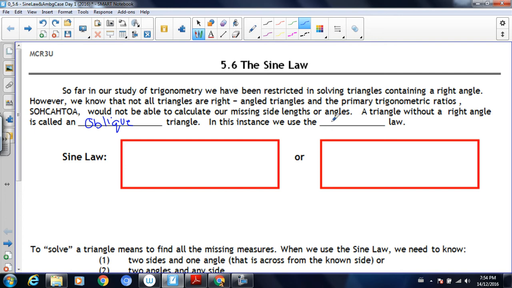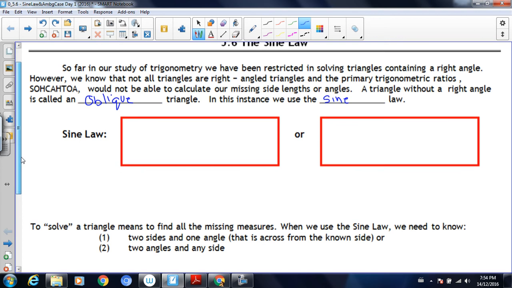Whenever we have an oblique triangle, or a triangle that's not right angle, we can use the sine law. The sine law has two equations, and it doesn't matter which one you use. When you have sine of angle A over side a, equal to sine of angle B over side b, we usually use this when we're looking for angles.